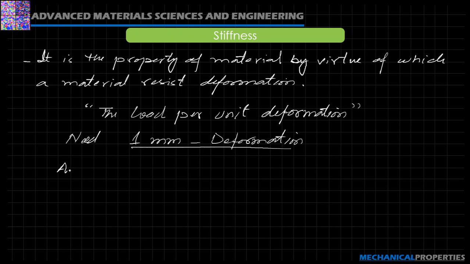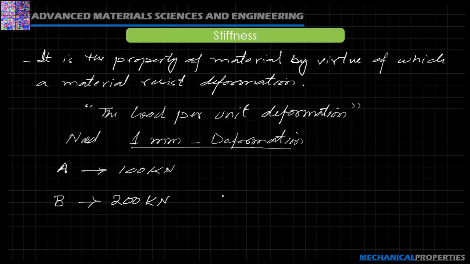Let's say we have a component of material A and a component of the same dimensions of material B, and to achieve 1 millimeter of deformation of component A we require 100 kilonewton of load, and to achieve 1 millimeter of deformation for component B we require 200 kilonewton of load.